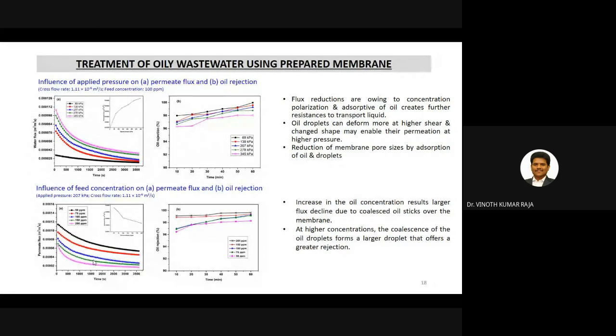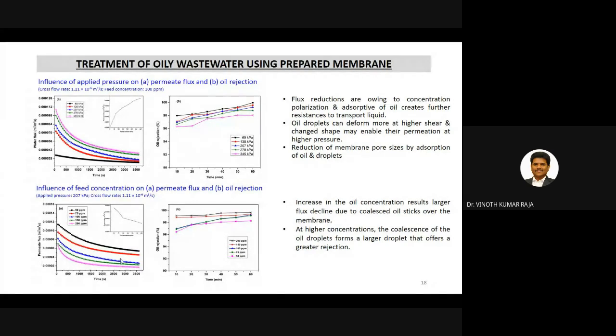So the permeate flux gradually decreases when the oil concentration is higher, where the oil sticks over the membrane, creating fouling, and resulting in a declined permeate flux at higher feed concentration.